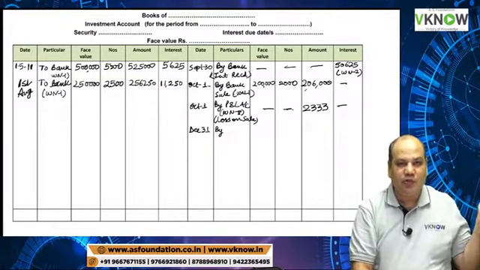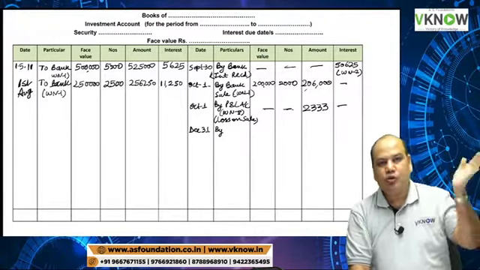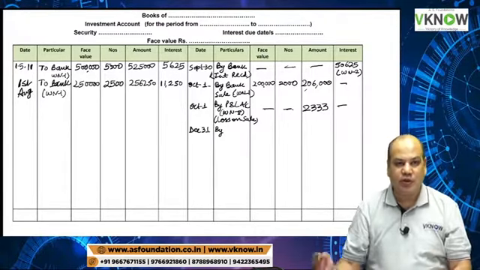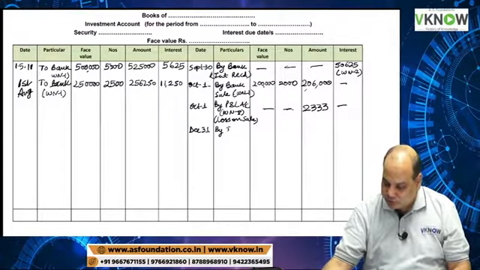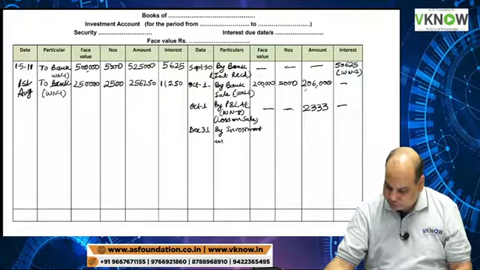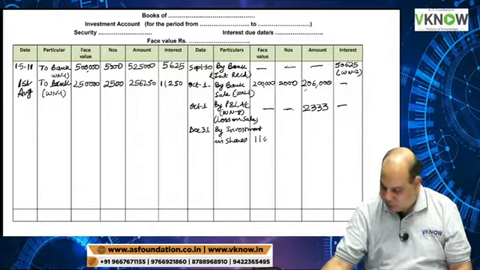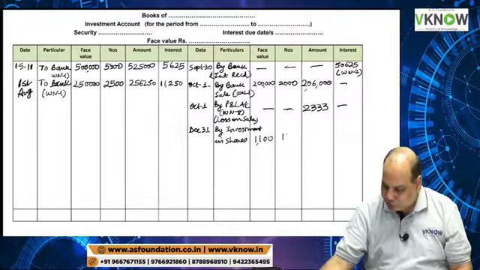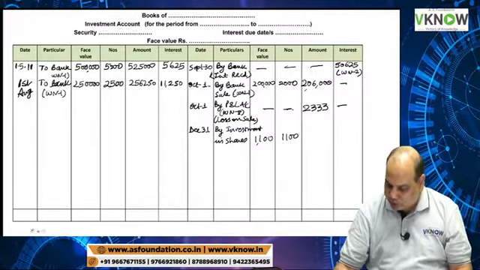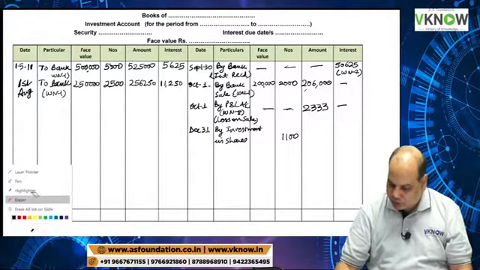We are in investment in debenture account, so I will write by investment in shares. 1100 debentures were converted, so you will write 1,10,000 face value.